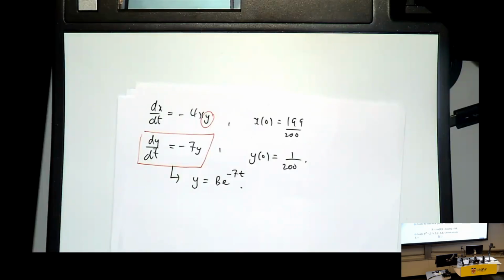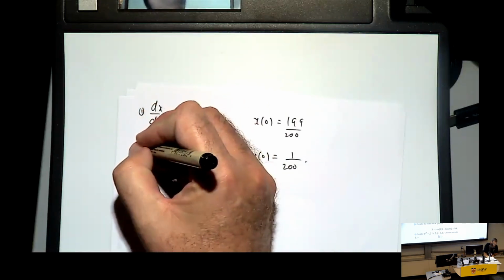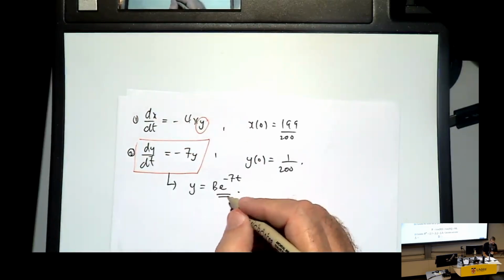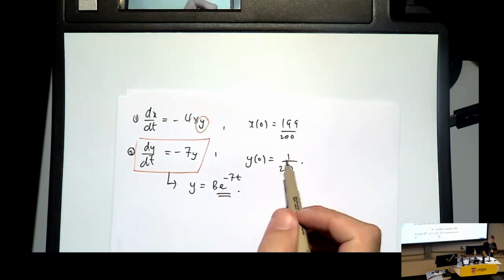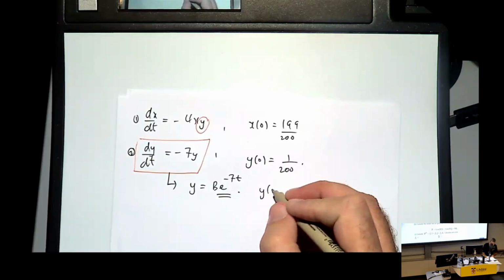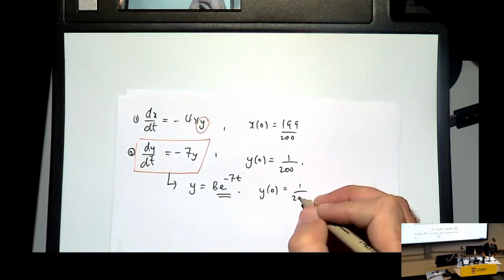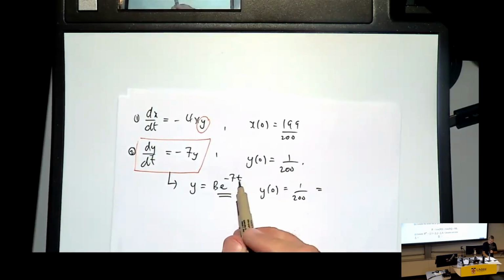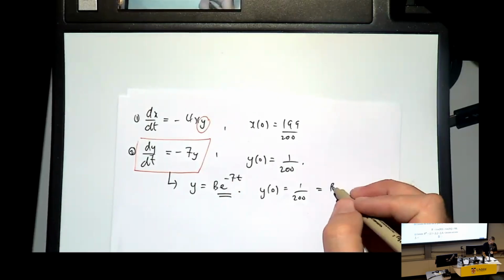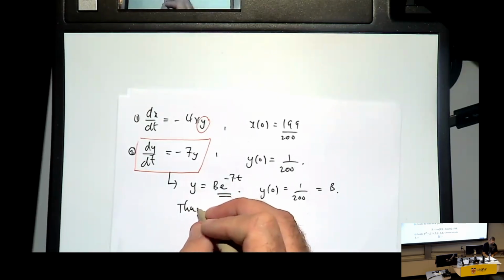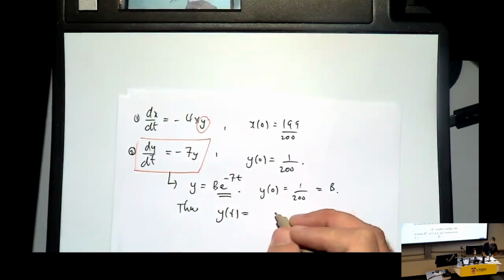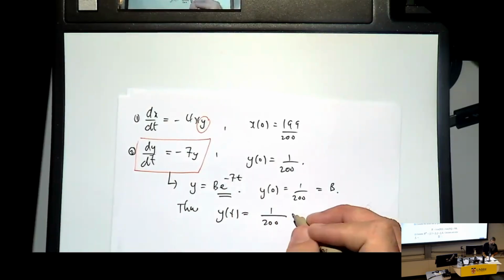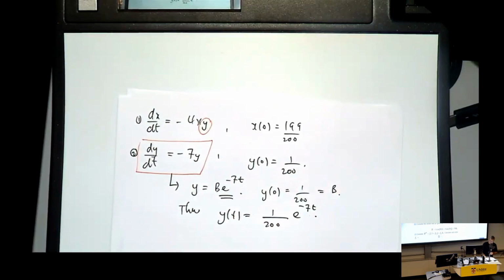So what you would do then is go up to your original equation, and actually you can calculate what b is from here. b e to the 0 is just going to be b.